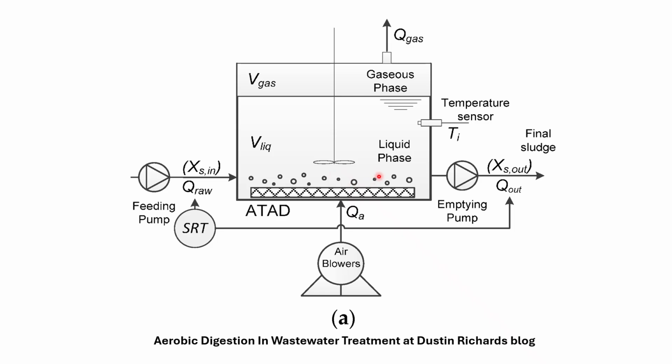The solids are concentrated at the bottom, the sludge that's got an increased solids concentration, we pump that out, that's our final sludge, and then we decant. There's a temperature sensor here, but there should be a decant tube that allows the cleared water to be taken out of the digester. Okay, that's an aerobic digester schematic.